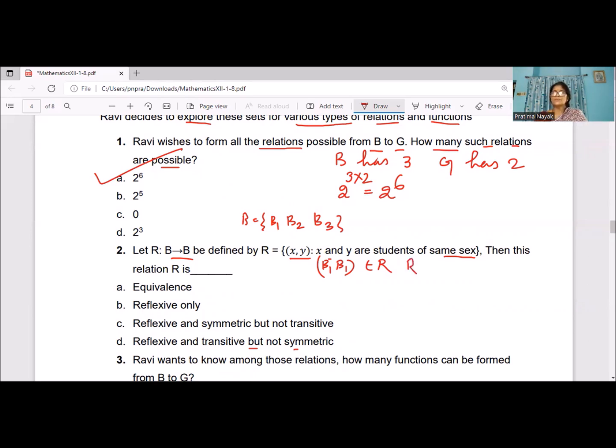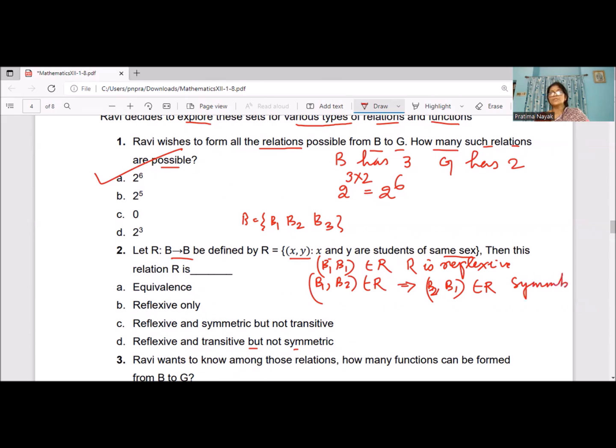So R is reflexive. The relation is reflexive because if I say boy 1, boy 2, they are of the same sex. Similarly, if B1, B2 belongs to R, they make a pair and have the same sex. So this implies that B2, B1 also belongs to the relation. So this is symmetric.